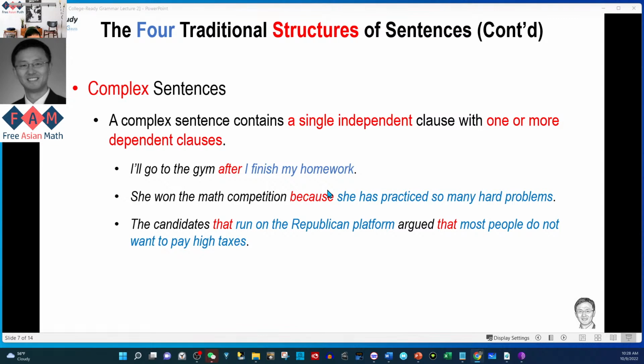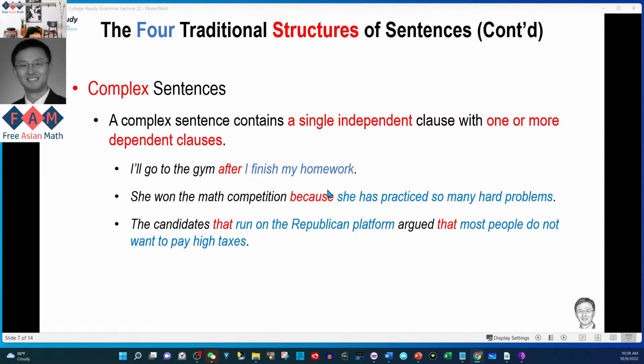And that's why we will start studying sentence diagramming today. It's a very, very important skill. Once you are provided with a long and complex sentence, you can quickly identify where the main part is.